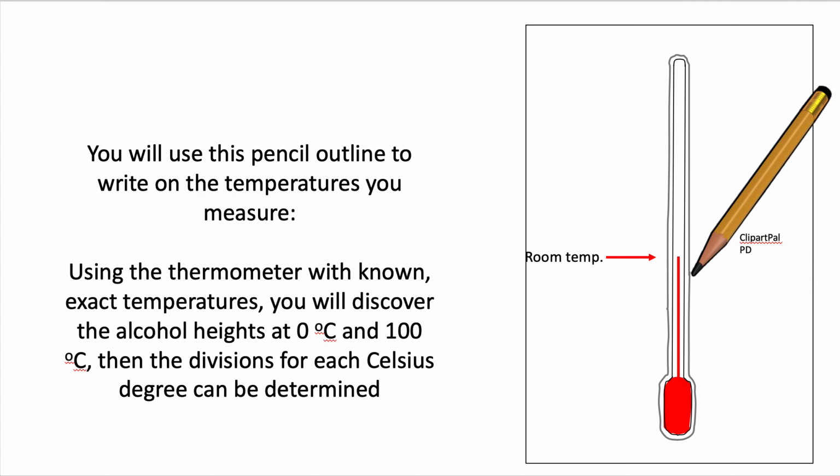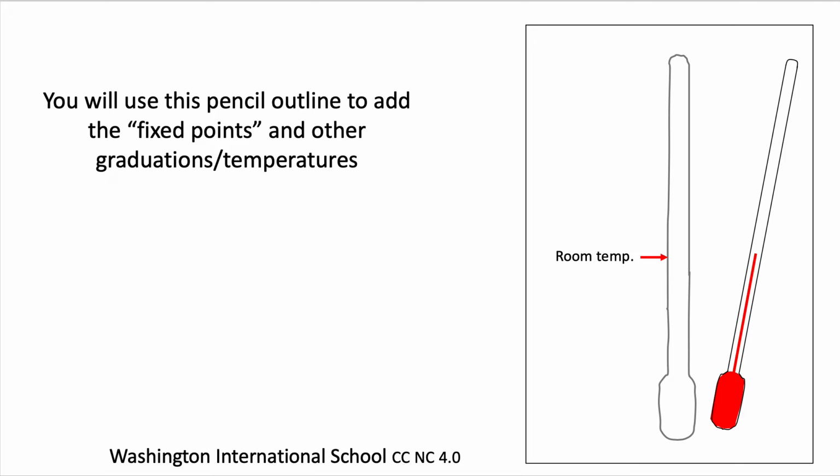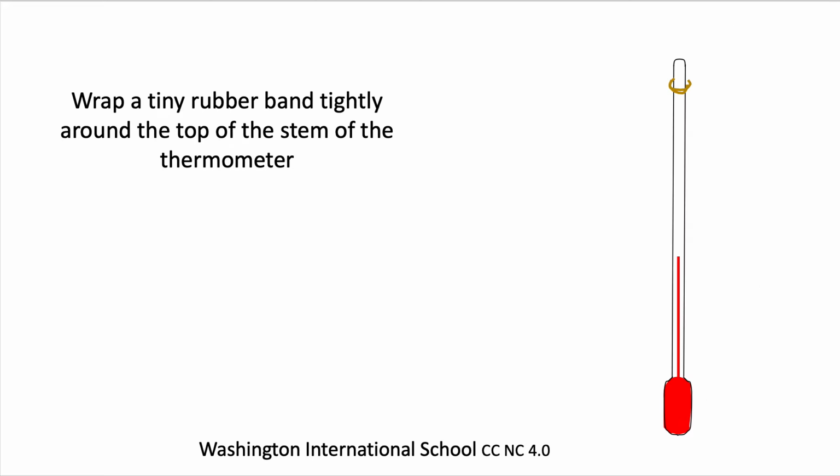We have room temperature there, which we have no idea of its numerical value, but you are going to put on fixed values of temperature, freezing point 0 degrees Celsius and boiling point 100 degrees Celsius, for the levels that the alcohol gets to at those points. So on your diagram, you're actually going to draw on those levels.